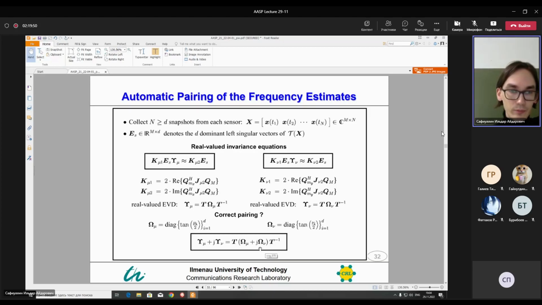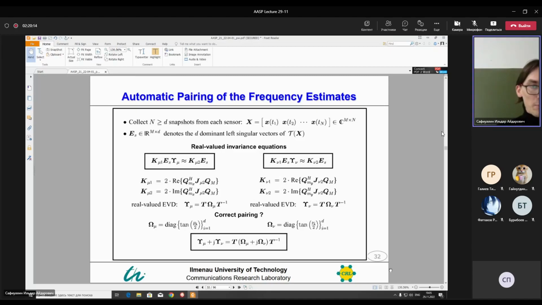We calculate the eigenvalue decomposition of this thing, and the real part will be the tangent of mu sub I over 2, and the imaginary part will be the tangent of nu sub I over 2.